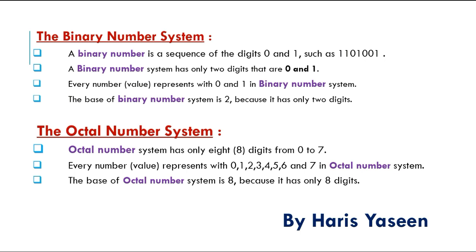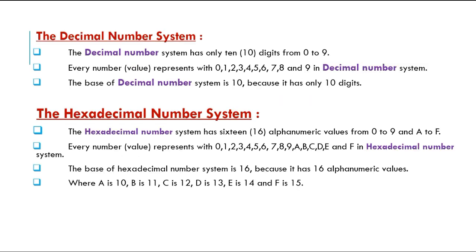The next one is the decimal number system. In this number system, we start from 0 and end on 9, usually used in common life, and it has base 10. Every number value is represented with 0, 1, 2, 3, 4, 5, 6, 7, 8 and 9.